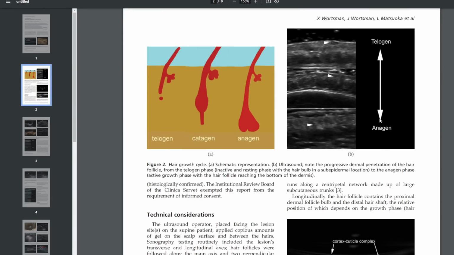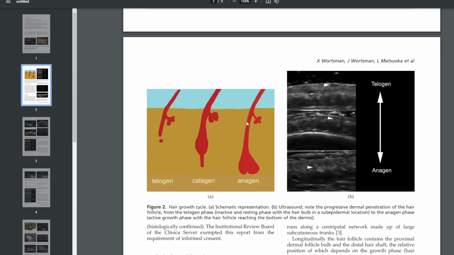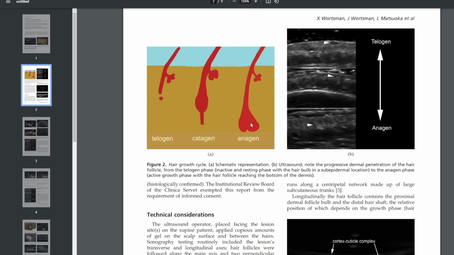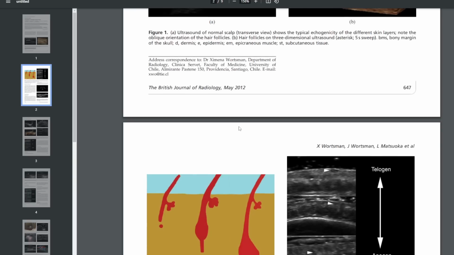It shows at a deeper layer. An anagen hair follicle has its dermal papilla, or its root, deeper within the skin layer structure.